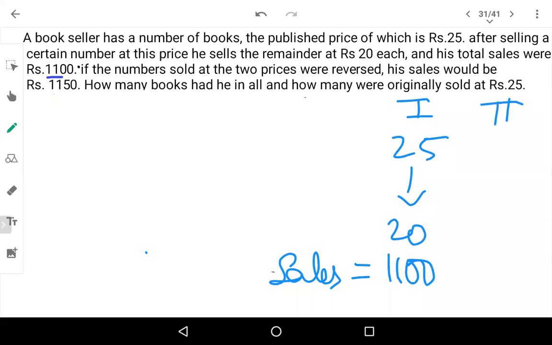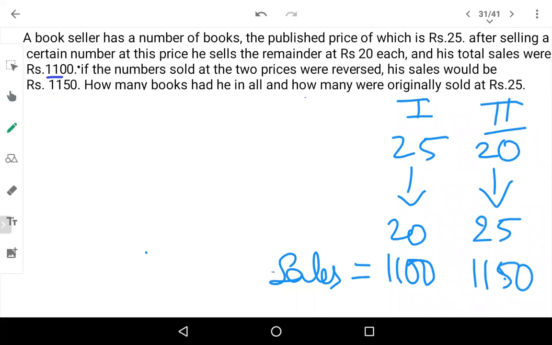Another scenario is, if the numbers sold at the two prices were reversed. So suppose first he sold the books at rupees 20 and then he is selling the books at 25. So we are reversing. Okay. And then what are they asking? His sales will be 1150. Okay. If he follows first scenario or first option, he will get a sale of 1100.